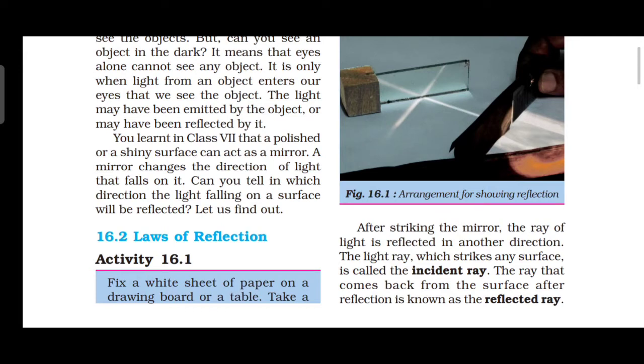Reflected ray. When we are striking the mirror, we are using the torch for light, right? That is called the incident ray. Then the ray is reflected back to us from the surface. That ray is called the reflected ray.